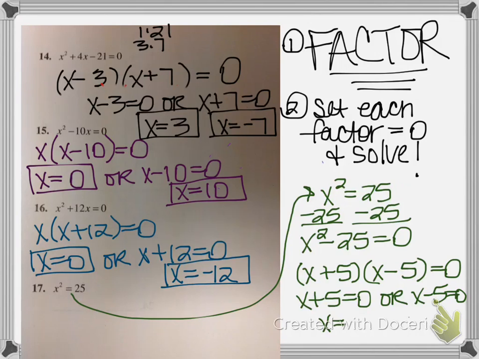So I would have to subtract 5 from both sides on this little mini equation, and I'd have to add 5 on both sides of this little mini equation. So we did 4 examples, one that we just did the FOIL method, 2 that had greatest common factors, and this last one actually ended up being a difference of squares.